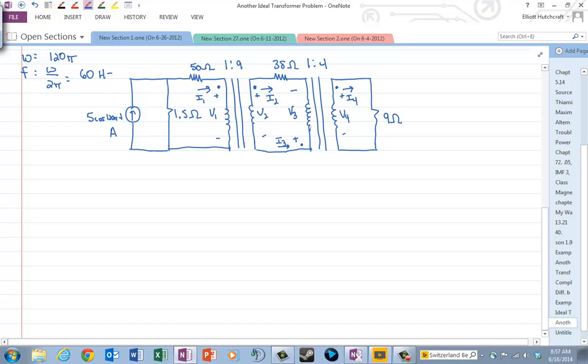So this is 60 hertz. So this is like power frequency, what's coming out of the wall in this country. So this would be 5. The phase angle is 0 degrees, so in the phasor domain this would be 5 angle 0.